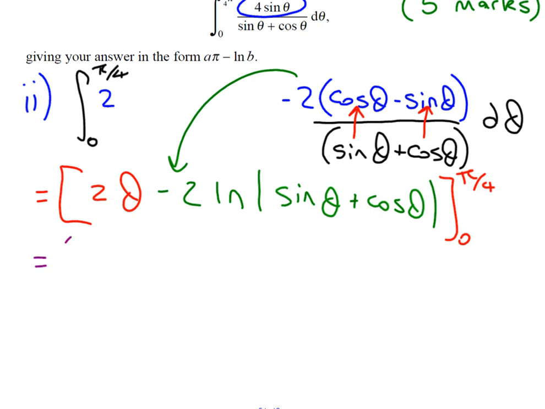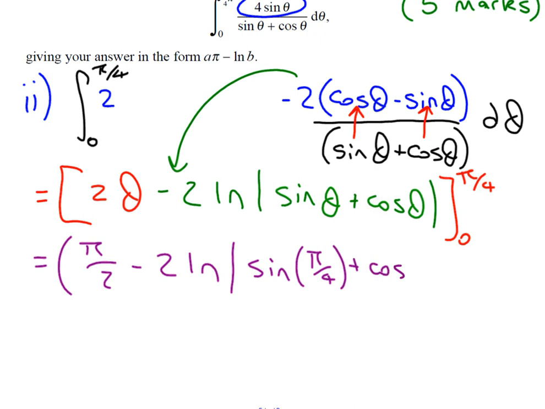So our first bracket is going to be 2 times pi over 4, which is pi over 2, take away 2 ln of sin pi over 4 plus cos pi over 4.